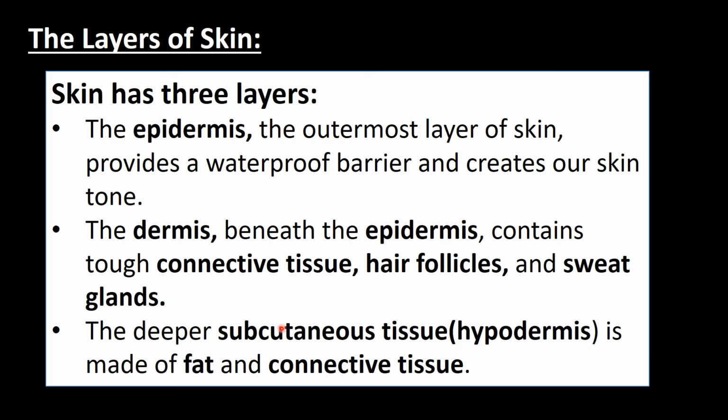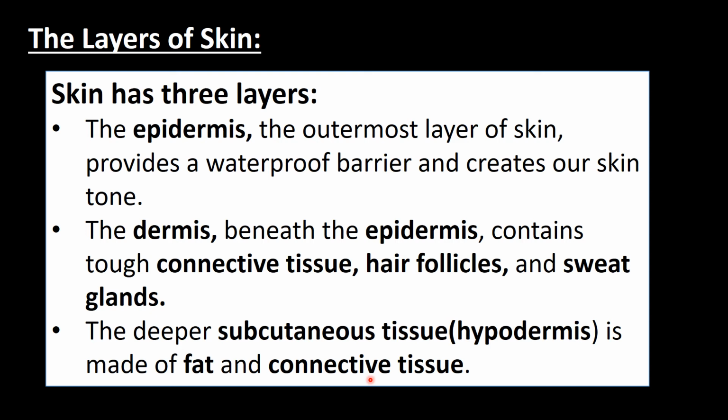The third layer is the hypodermis. It is also called subcutaneous tissue. Subcutaneous means the tissue which is the deepest or innermost layer of the skin. It is generally made up of fats and connective tissue.